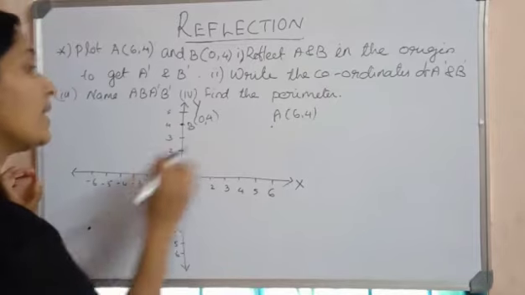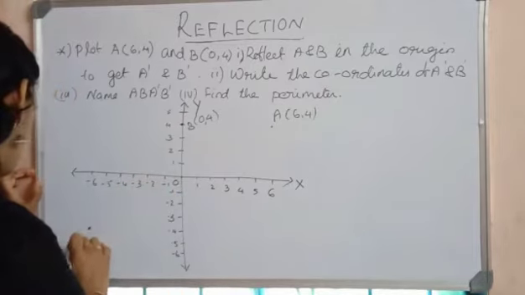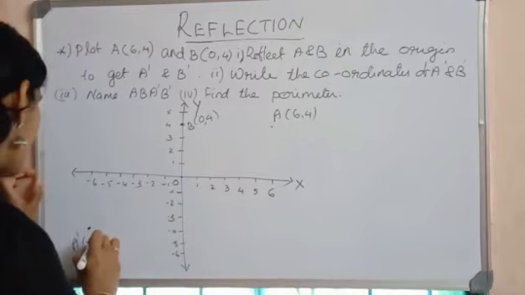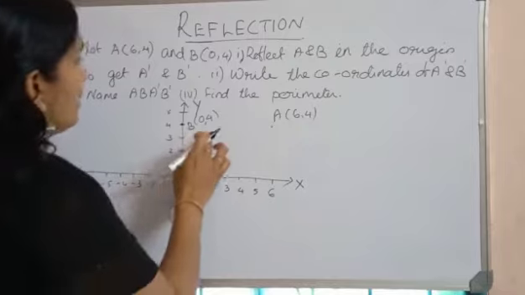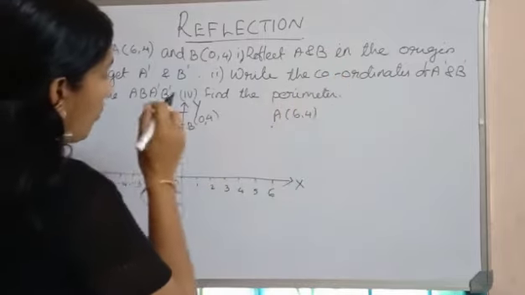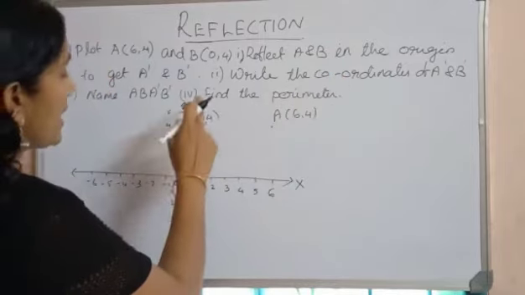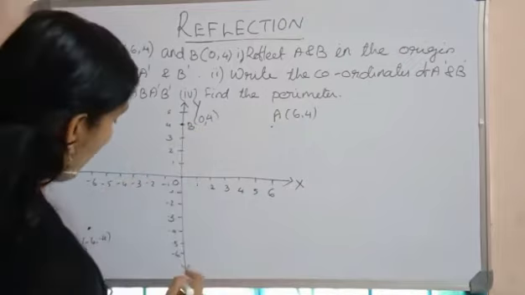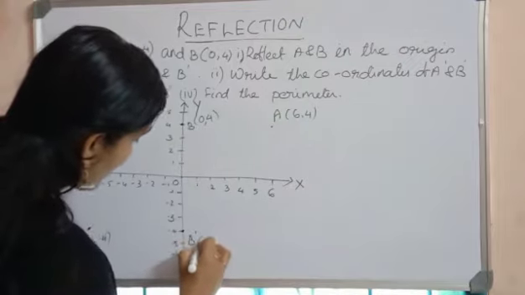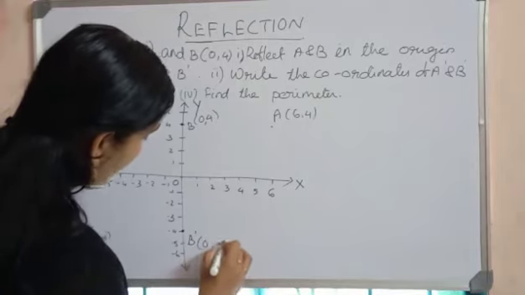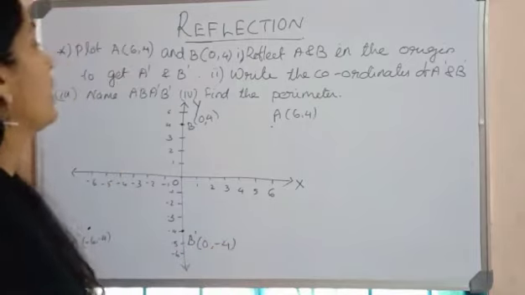So this is the image of A, that is A dash, minus 6, minus 4. The next one is the point B. The B dash will be 0, minus 4. So that will be over here. B dash 0, minus 4.